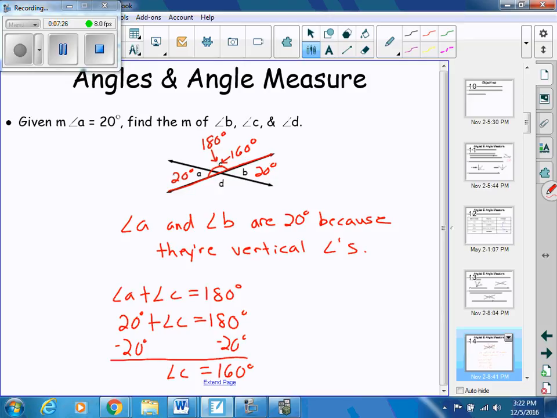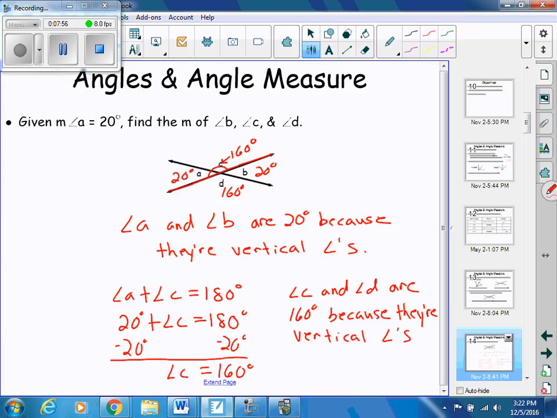That means angle D is also 160 degrees because C and D are vertical angles. If you need to pause to get all that, go ahead and do that.